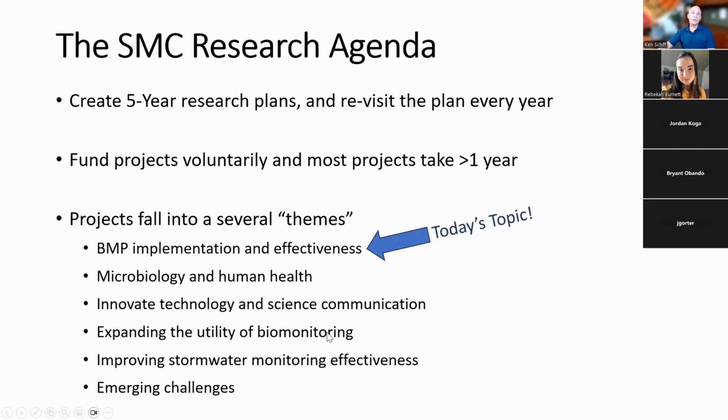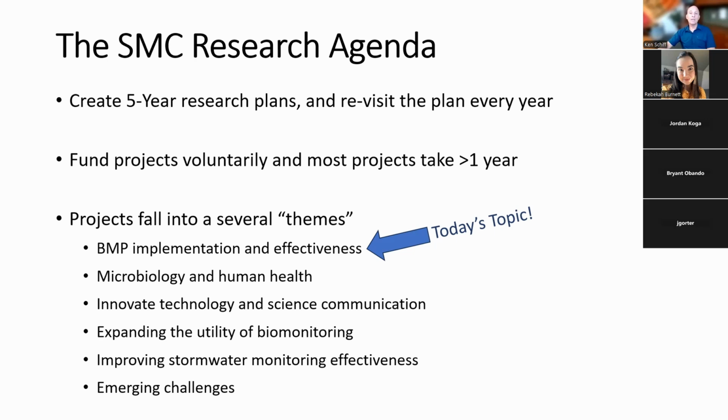They guide their way by creating these research agendas, and I wanted to bring it up because it gives a good overview of all the different things they work on. They create these research plans. They have a 5-year vision, and they revisit and reprioritize every year.